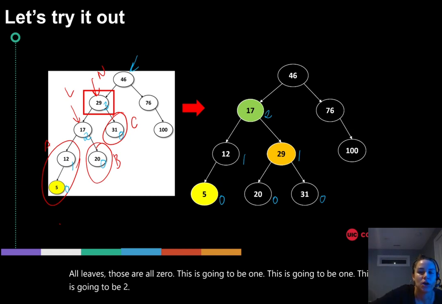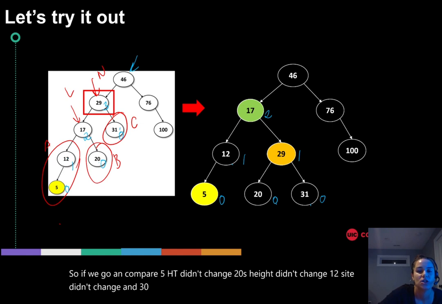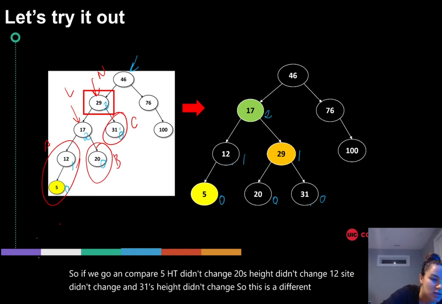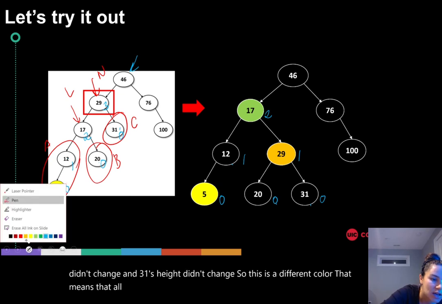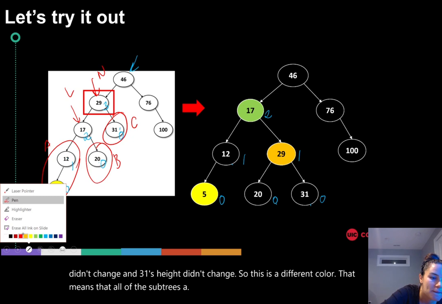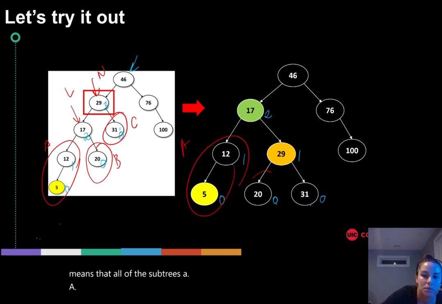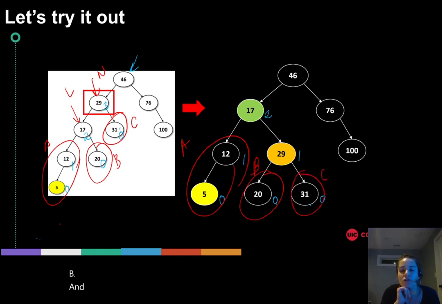So if we go and compare, 5's height didn't change, 20's height didn't change, 12's height didn't change, and 31's height didn't change. So, using a different color, that means that all of the subtrees A, B, and C, none of those subtrees' heights changed.